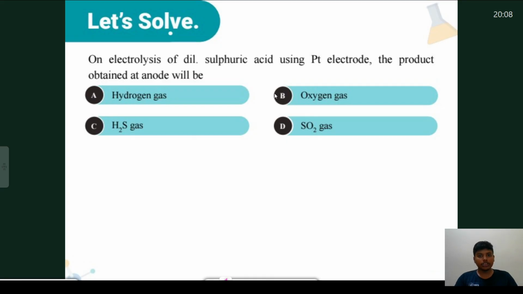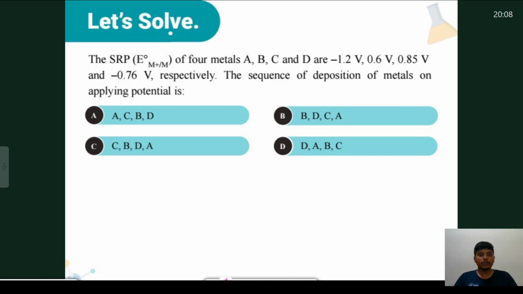So anode means oxygen. Yes or no? Next, tell. The very important question.